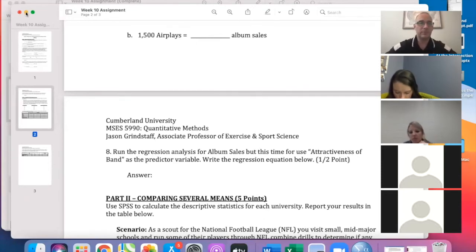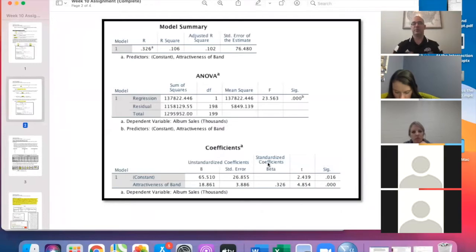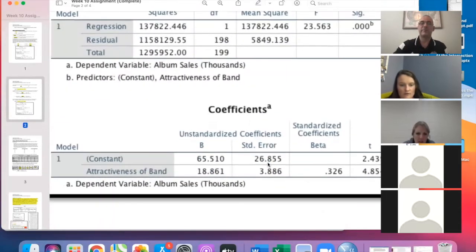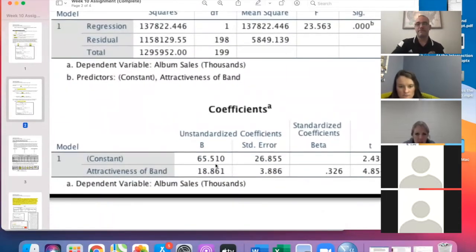So assuming that we get this output, how would we write our formula? It's going to be album sales equals what? What's our y-intercept going to be? 65.51. Yep, 65.51. So album sales equals 65.51 plus some change in our independent variable.